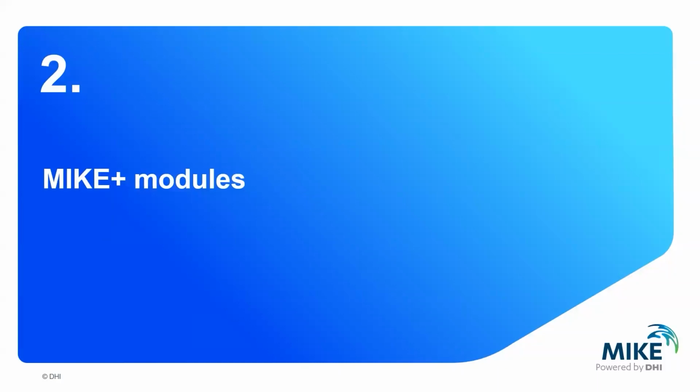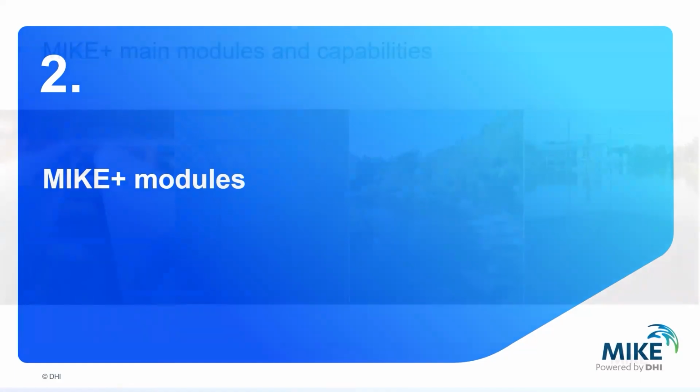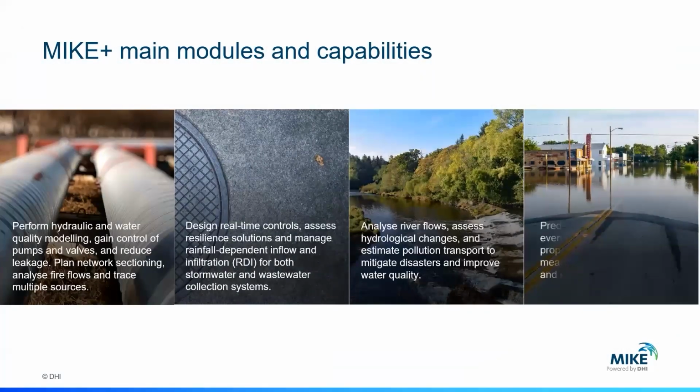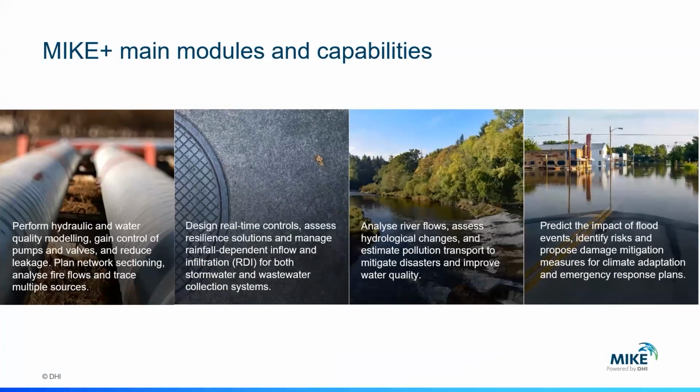Going further in our presentation, I will be talking about the Mike Plus modules and how we can use them for different types of applications in urban, river, and flooding applications. Mike Plus at its core represents an integrated platform, and it provides built-in functionalities for a range of domains related to water.